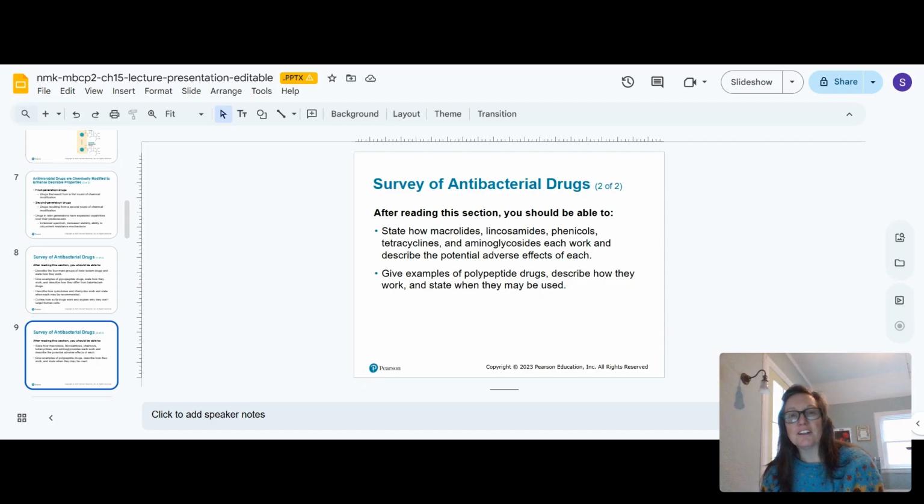There's a lot of information in this part of the book, in this chapter. I don't expect you to learn all the different types of drugs. I do want you to know the penicillins and look at the drugs that we are going to be working with in lab. And those are ones that you should be aware of.